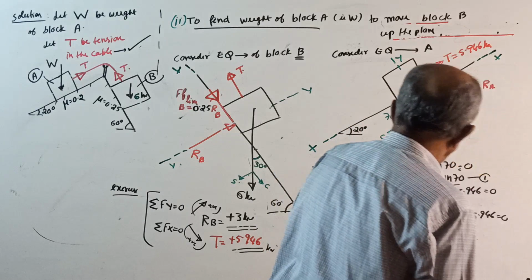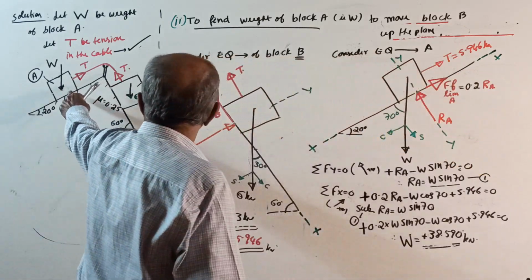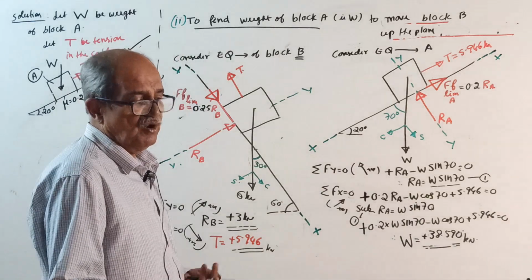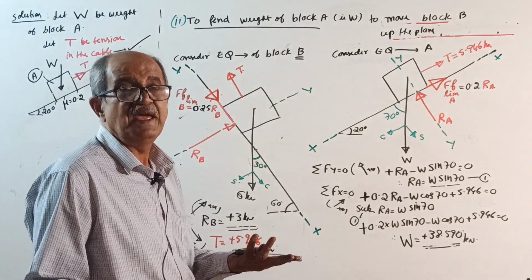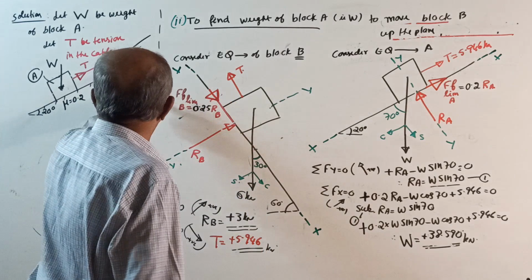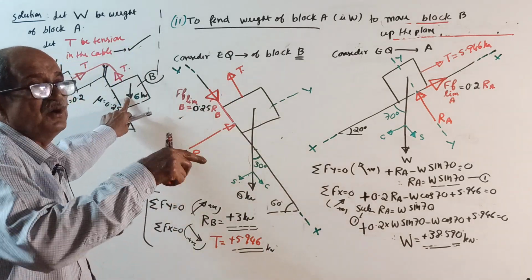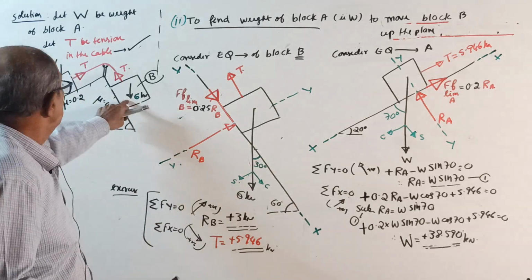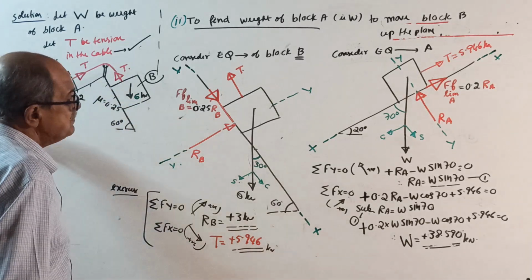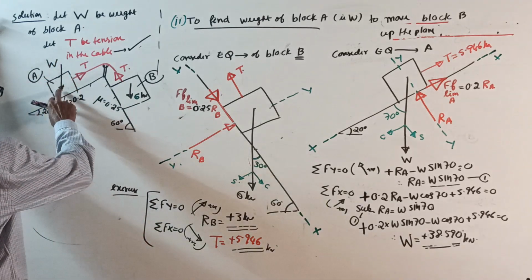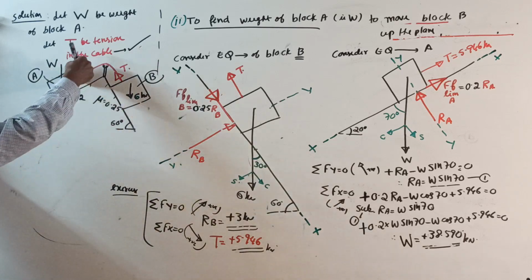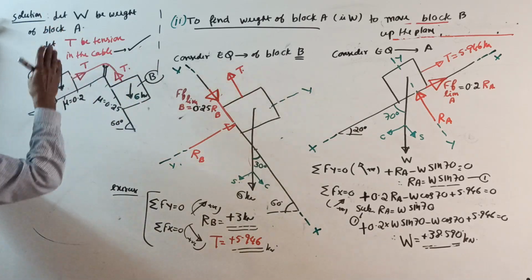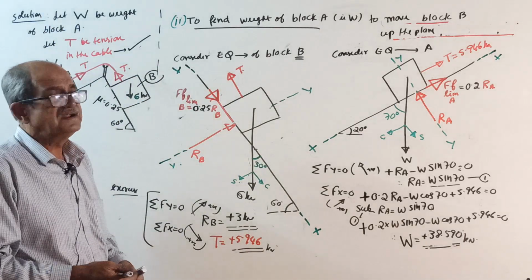Last time some 8 or 9 came, and that weight will prevent it from sliding down. But if you increase the weight to 38 point something, then because of the heavy weight, this will slide down, that will go up. That is the question. Understand.